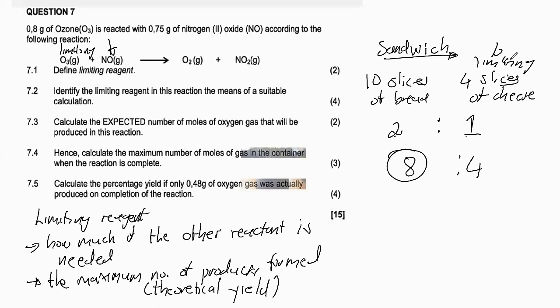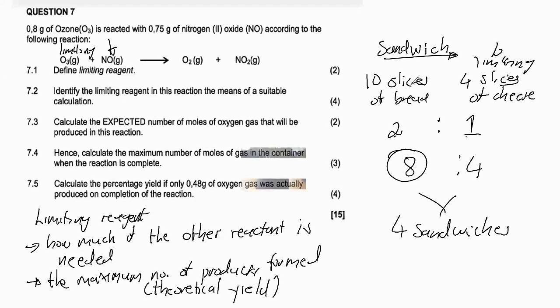Now, obviously, looking at the fact that this is our limiting reagent, and we know that one sandwich will be made out of 2 slices of bread and 1 slice of cheese, we are able to determine that we can only make a maximum of 4 sandwiches, right? Using these ingredients here. Now, if we were to look at the excess reagent, we wouldn't be able to come up with the correct answer, because looking at the number of slices of bread, we might be tempted to say we will be able to produce 5 sandwiches.